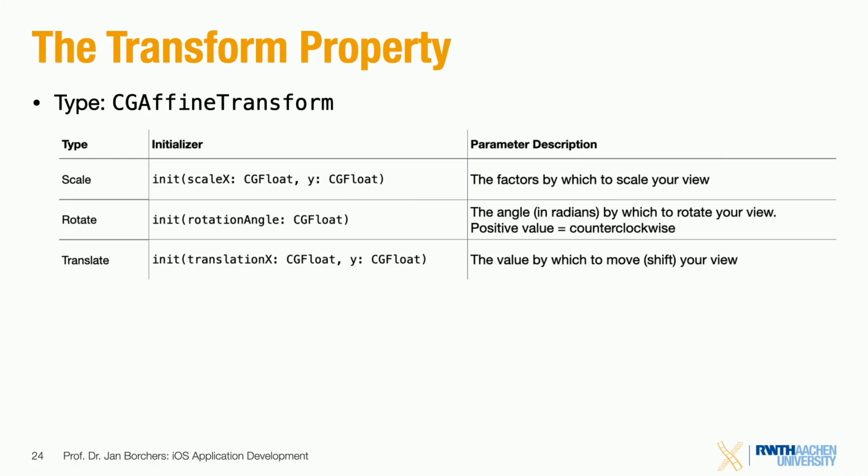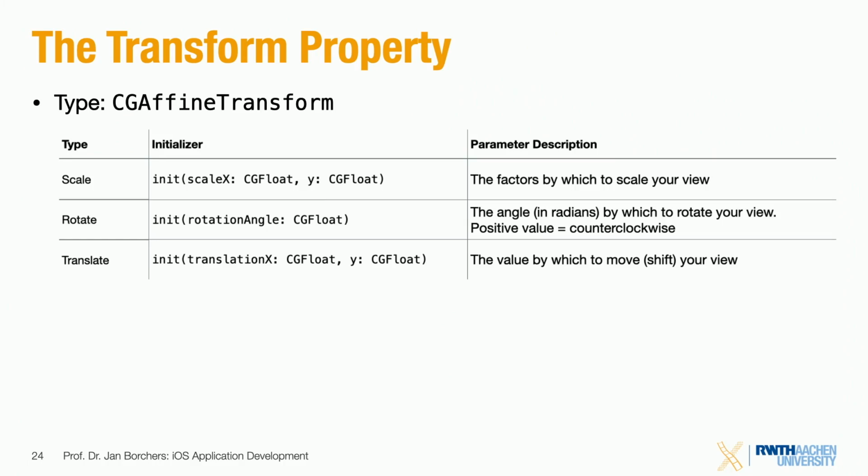For example, if you want to scale something up, you can initialize the affine transform matrix so that it defines an x and y scale factor. Or you can get a transformation matrix set up that automatically rotates a view by a certain degree. Or you can have it set up so that it translates something by a certain point in x and y. You can use these to do more complex custom animations if you so choose.